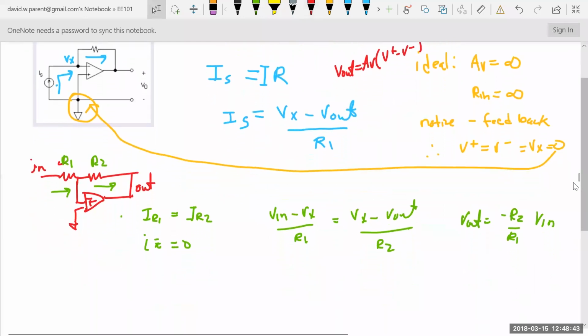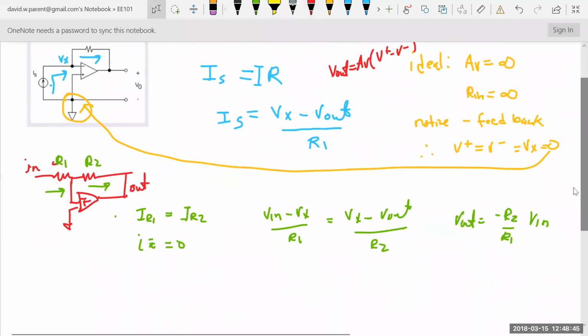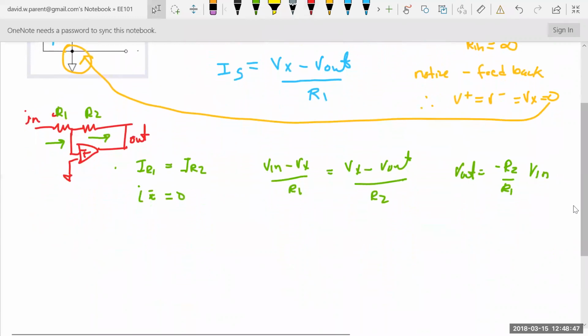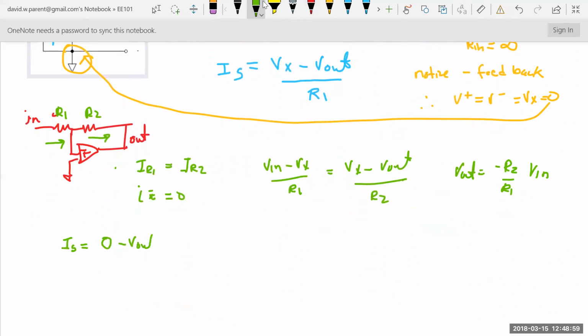So now, all that remains, right, is Vx is 0 minus V out over R1, solve for V out, and that's not R1, it was just R. Sorry.